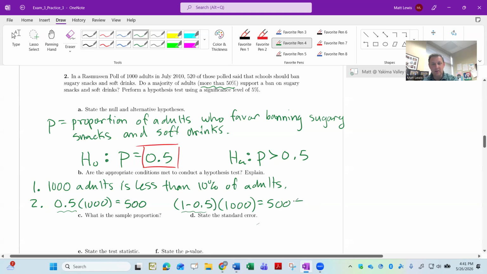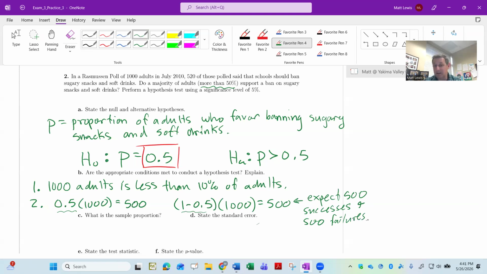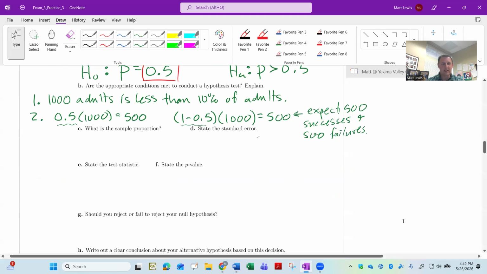But the key here is that this means we expect 500 successes and 500 failures. Okay, so remember what we had to expect? 10. So this one's no problem, as long as it's more than 10 on both counts.